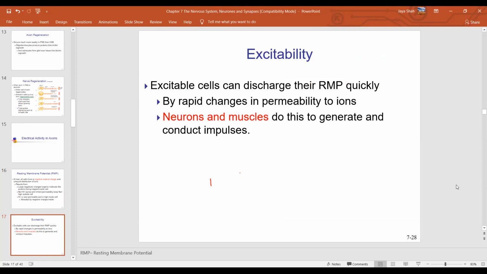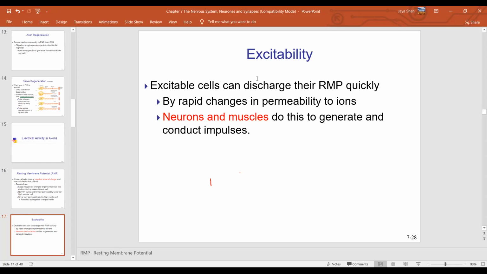But if the society is highly polarized, like one group thinks one way and another group thinks another way, then somebody can come and incite violence easily, because one group believes in one thing and another group believes in another. You can excite that society easily. Are you following me? Similarly, our neurons are polarized. One side is negative, another side is positive. So if you poke it, you can excite it. That's why neurons are excitable.